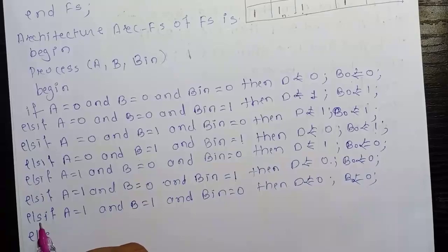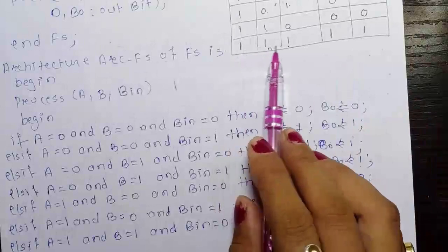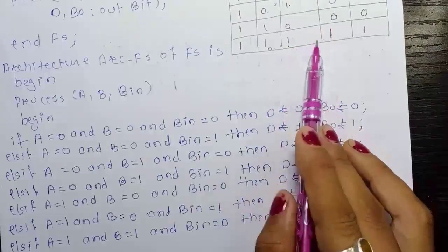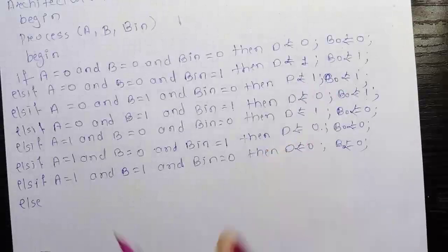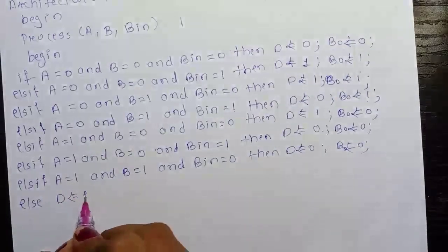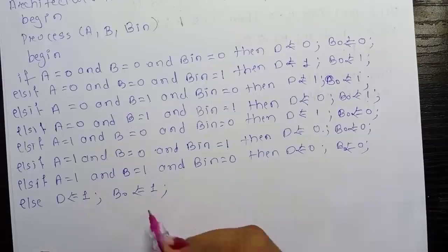Else in any other condition, if all the three inputs are 1, that means I will get difference 1 and borrow is again 1. So else my difference is assigned to 1 and borrow is again assigned to 1.